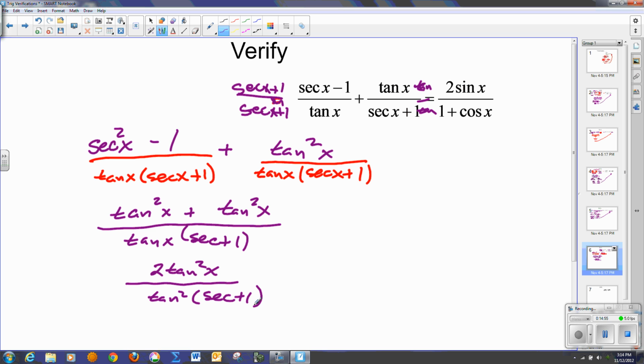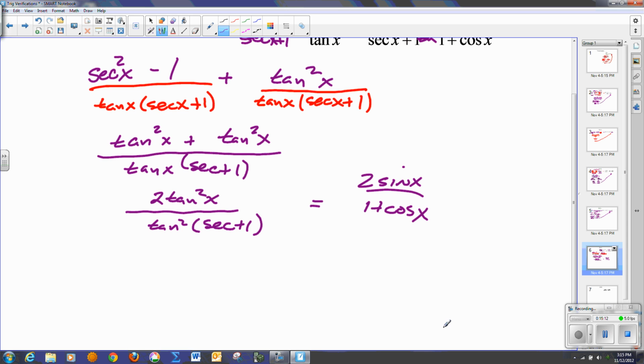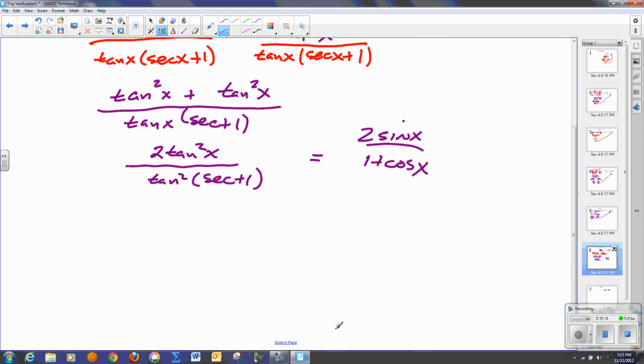All right, I'm getting to the point where I'm going to have to start figuring out a way to get this reduced even more. Remember, I'm trying to get everything equivalent to 2 sine of x over 1 plus cosine of x.